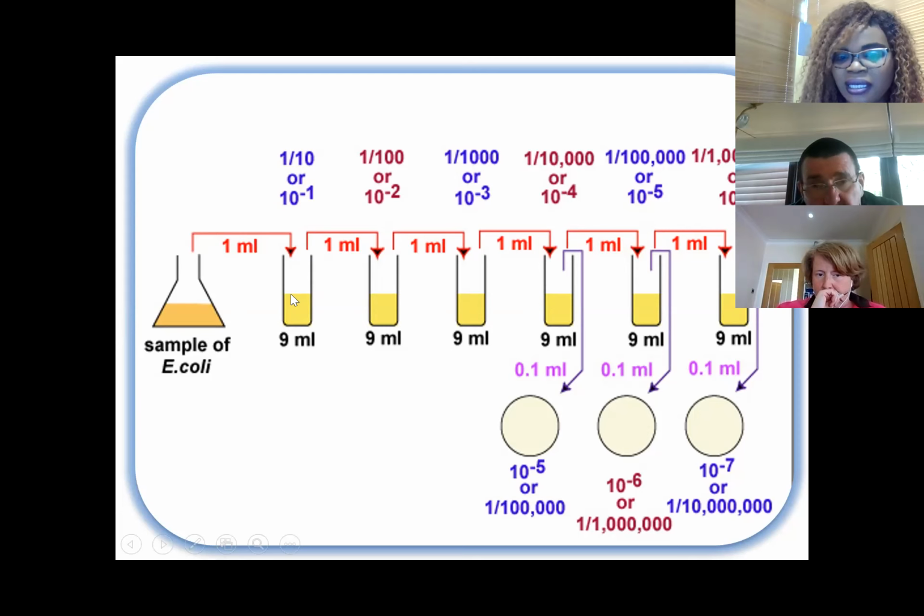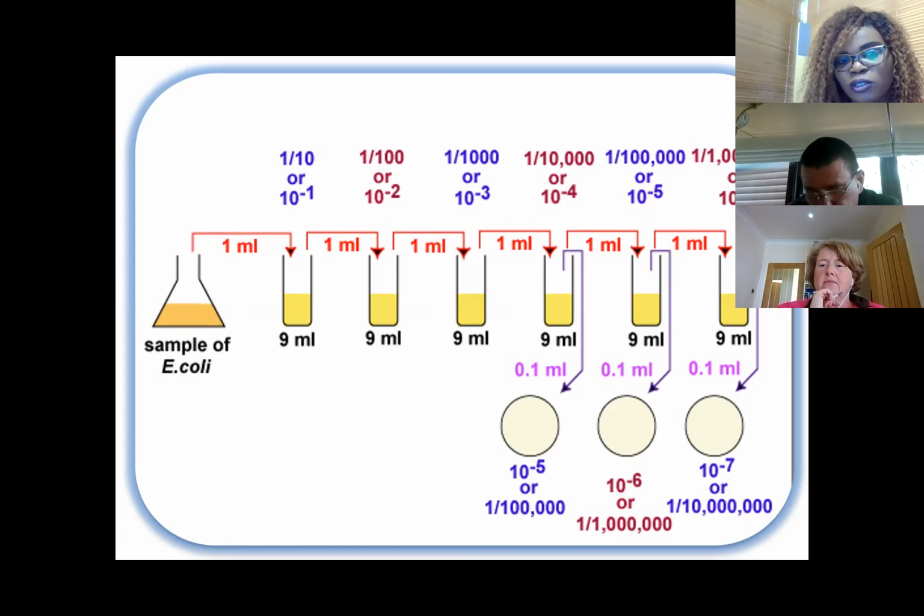Then I mix it, take another one, put it in the next test tube and mix it. Then take another ml. So you keep going and going. The idea behind this is to have a diluted sample serially, so that will help us to count the number of cells we had in the original sample. Now, you need to remember this and understand this.